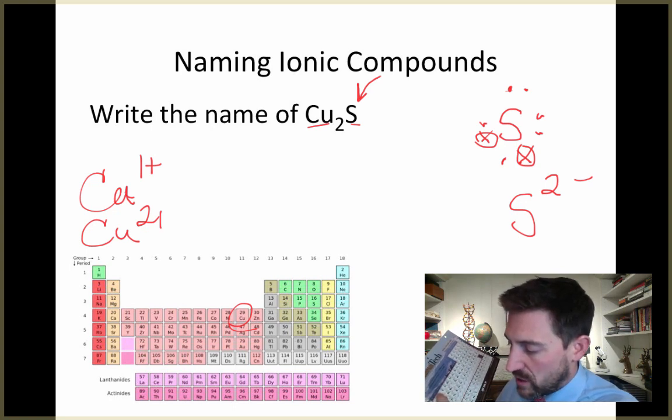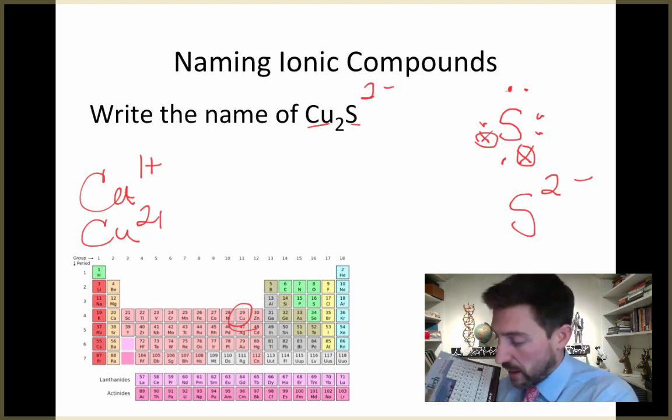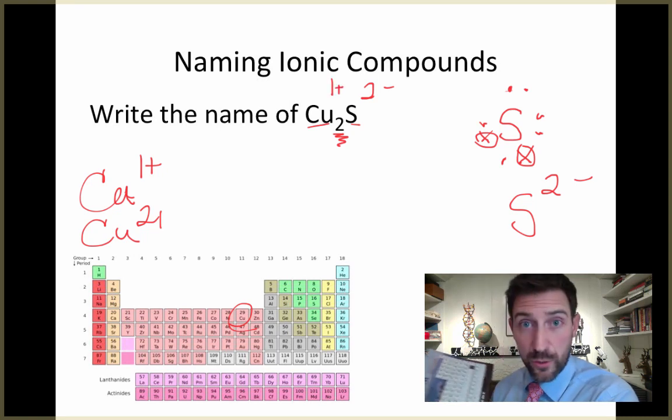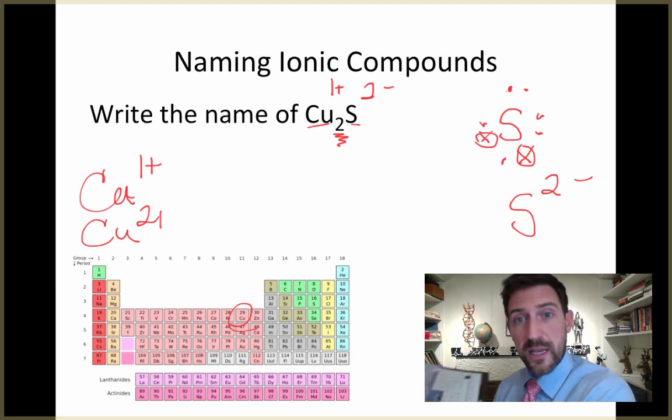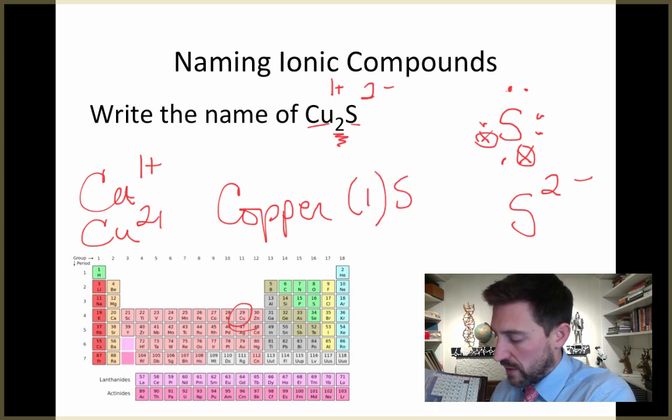And that's going to be the most common kind of sulfur that I need. Well, if I needed 2 of the coppers, which says 2 right here, to even out the sulfur, this must have been copper with a 1 plus, because 2 coppers with a 1 plus even out that 2 minus. So I have copper 1 sulfide.